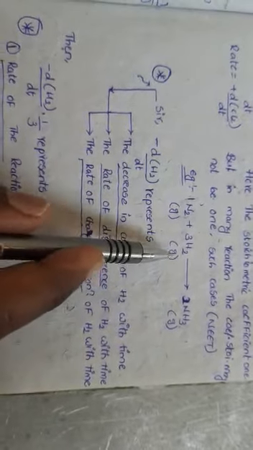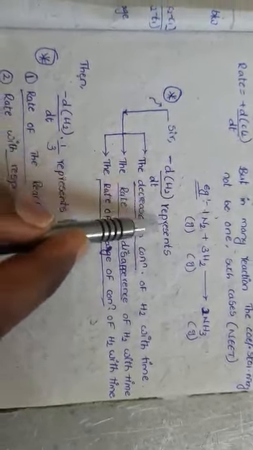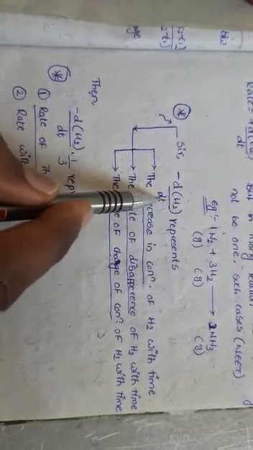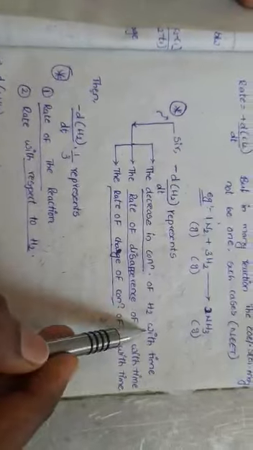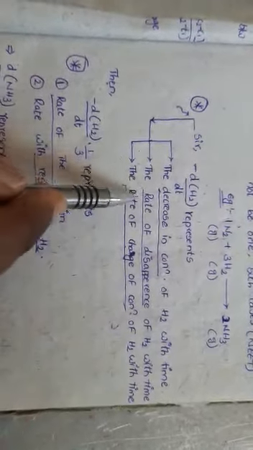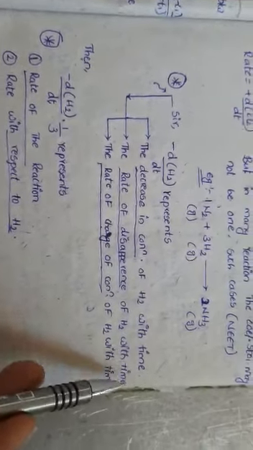In such a case, if you see the term minus d of H2 by dt, it represents the decrease in concentration of H2 with respect to time, otherwise the rate of disappearance of H2 with time.